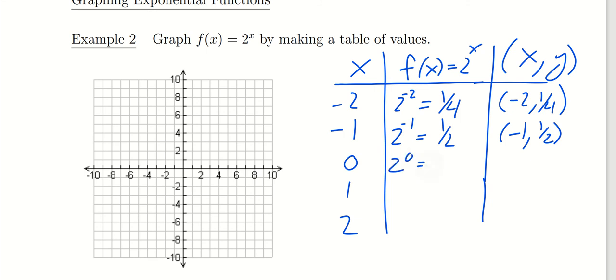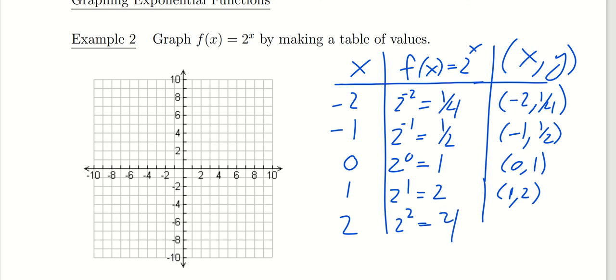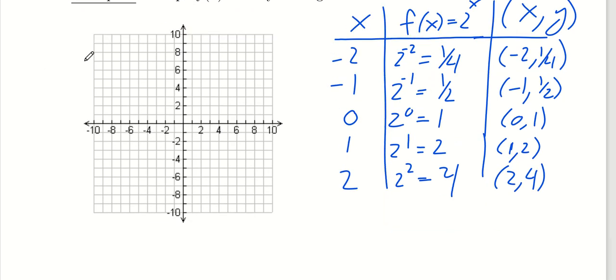If we plug in 0 into the function, anything to the 0 power is 1. If we do 2 to the first, we get 2. So we get 1, comma 2. And if we raise 2 to the second power, we get 2 squared, which is 4. Let's begin by plotting these points and see if we can notice a pattern here.